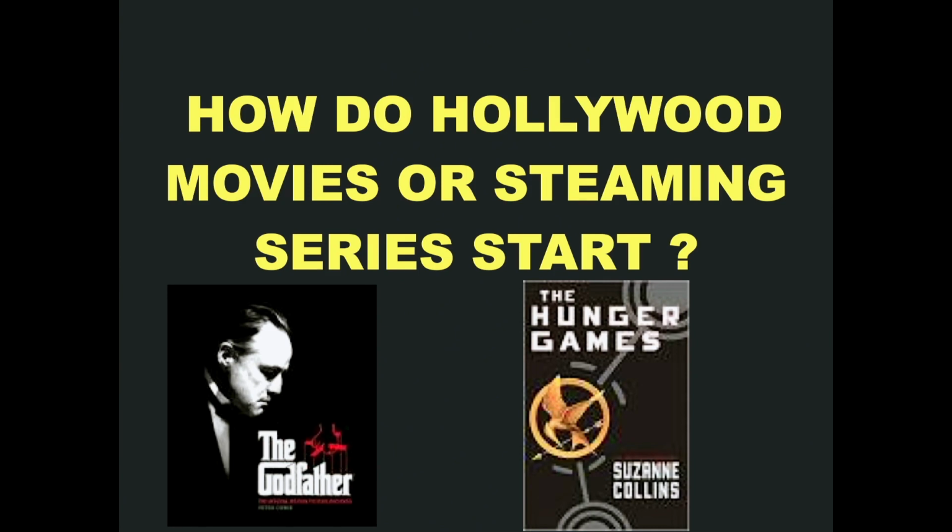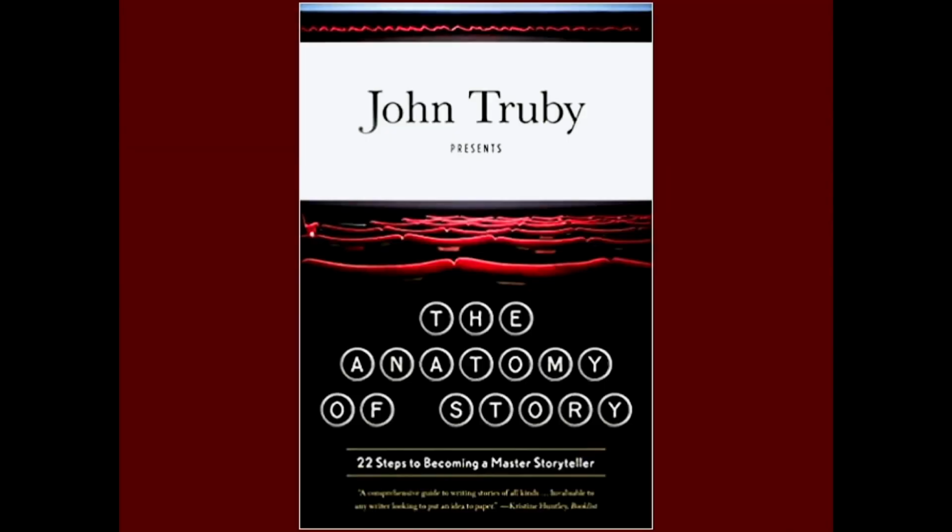Think of every one of these new series you've seen. Think of even the comedy shows and how each one of them starts off. And then take a look at this book. You need to please consider getting this book, The Anatomy of Story. Because jury selection, I don't care what's happening, you're telling a story.